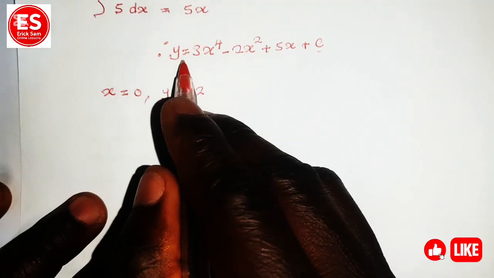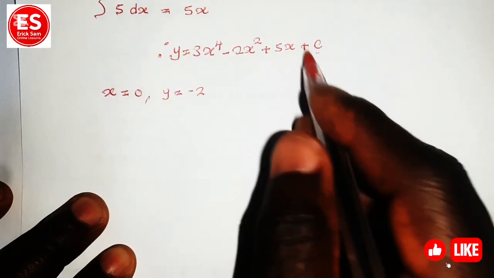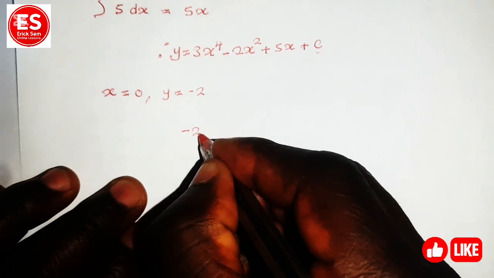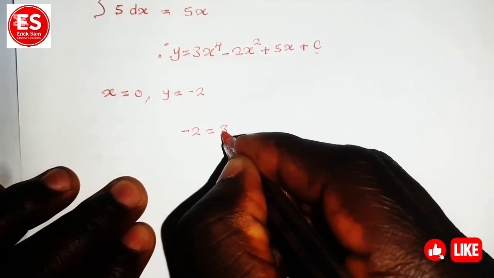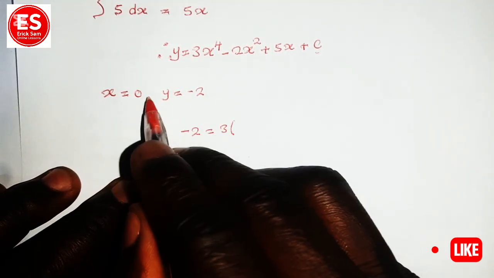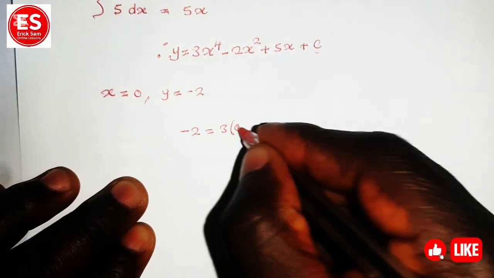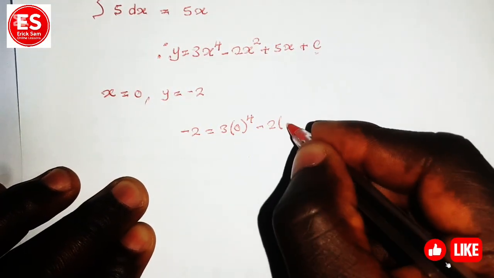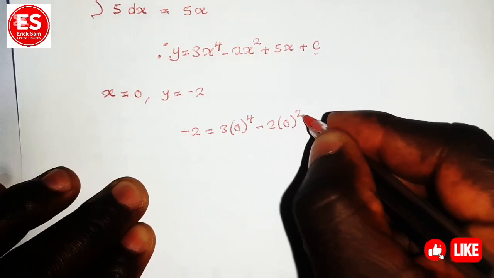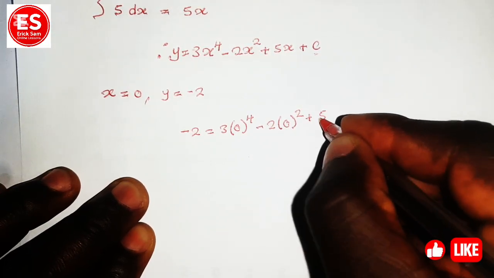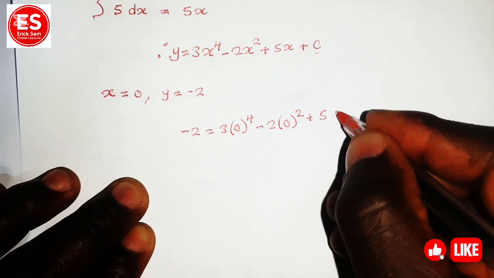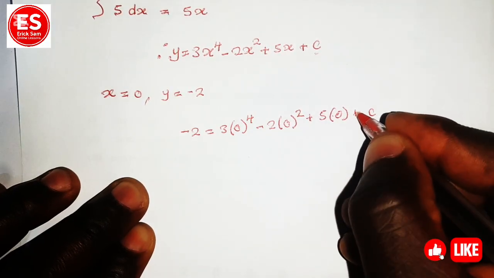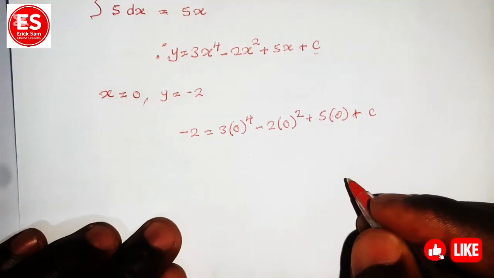To find c, where there is y, we put -2 equal to 3(0^4) - 2(0^2) + 5(0) + c. Hopefully you're following.